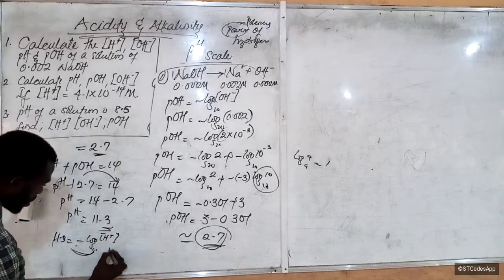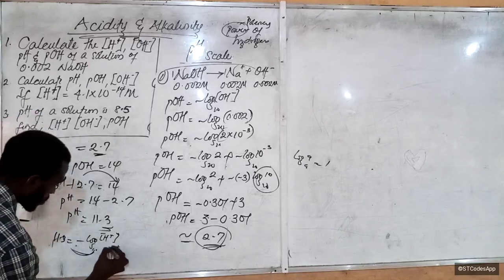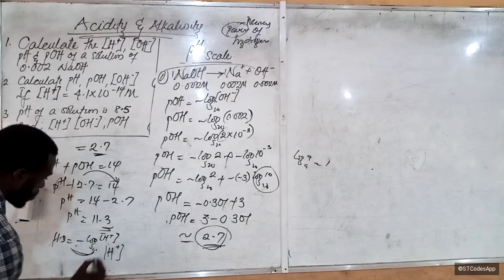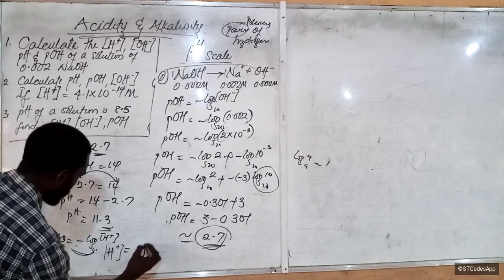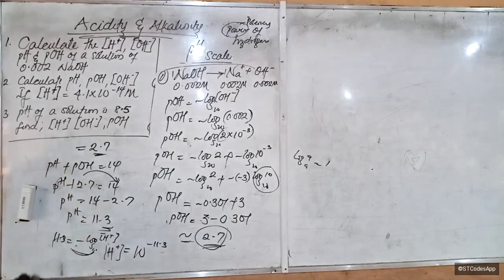So you have H plus ion will be equal to 10 raised to minus 11.3. Is that okay? And that becomes your answer essentially, 1 times 10 raised to the power minus 11. And so that's about it.